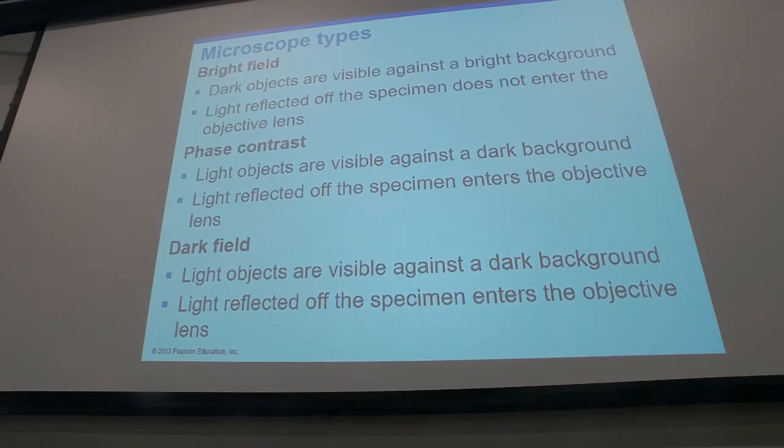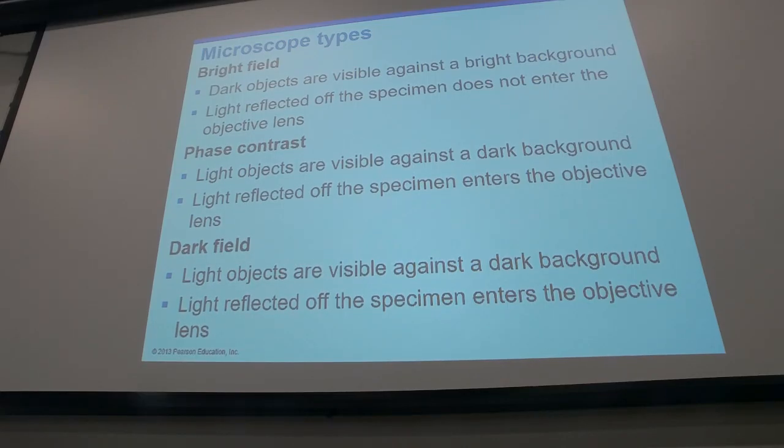And then the light reflected off this specimen does not enter the objective lens. Typically, the objects are not going to be live, they are going to be dead, because in the case of bacteria, you treat them properly so you don't have live bacteria or protozoans. But sometimes you can use light microscopy to see live objects, but it's not going to be very good as when you use phase contrast.